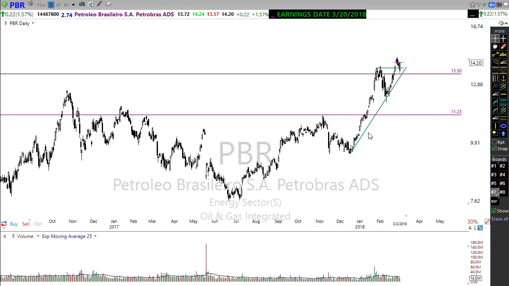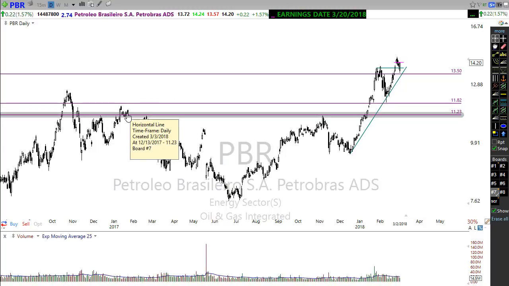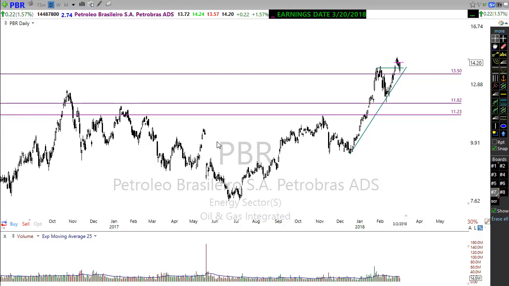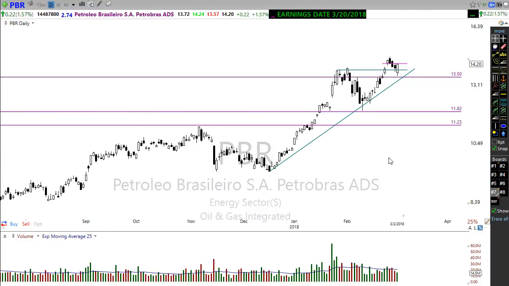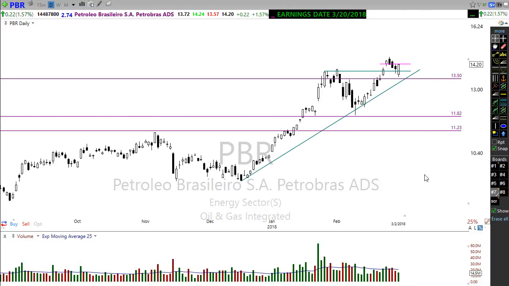Current price over here was reacting to this price over here. We can see right in here, we were reacting to these prices. So that's pretty easy to set a price target.